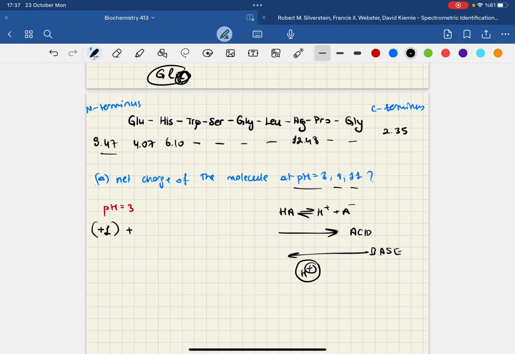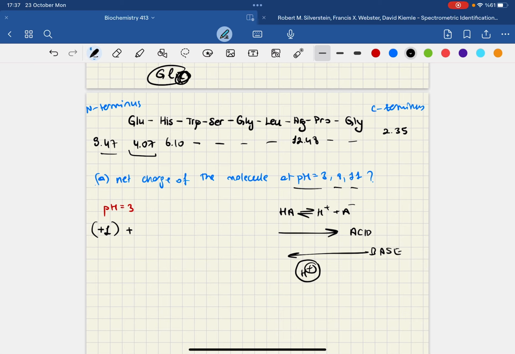And then we have the glutamic acid side chain. The side chain is of course an acid, as its name suggests. However, as we can see, the pKa of this one is 4.07 and our pH is 3. Does this mean that it will give out a hydrogen?